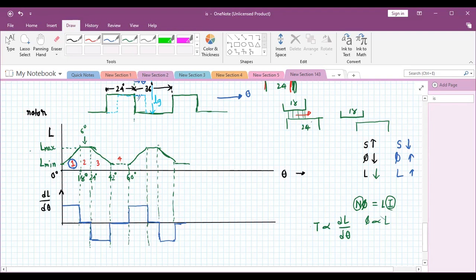This we have drawn only for the A phase, the inductance envelope for A phase. The same thing comes for the B phase, C phase and D phase. So you have to excite the other windings in such a way that you can get a positive torque.